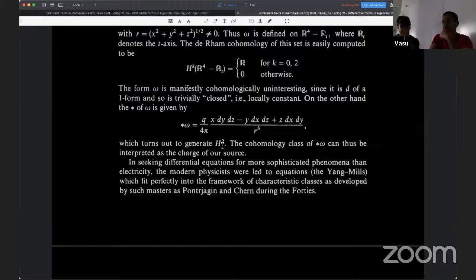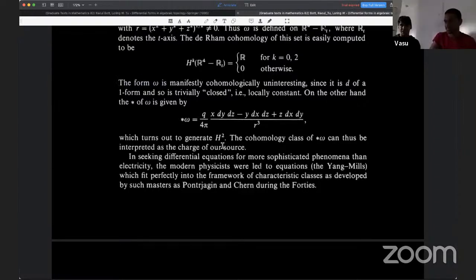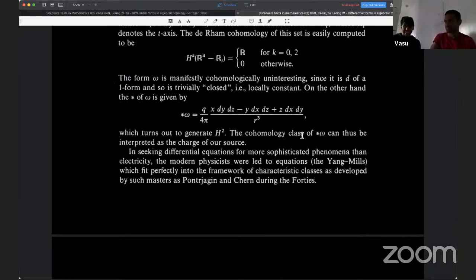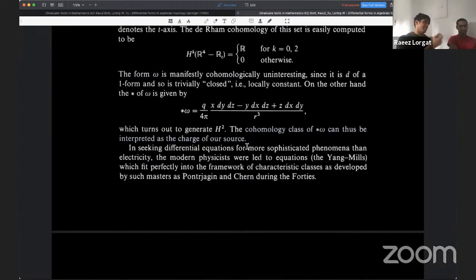In fact, it generates all possible integrals in the appropriate dimension. And so we can even physically define the class of star of omega as the charge. Correct. So the source was the point at the origin, and now we play this game and we've translated, and now we have a definition of the charge.